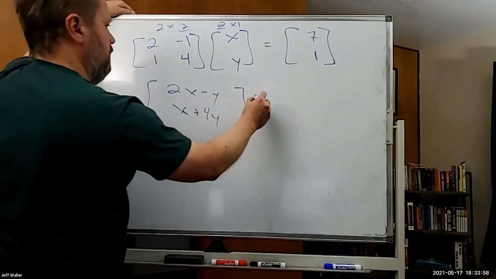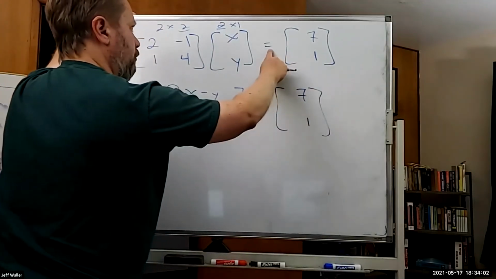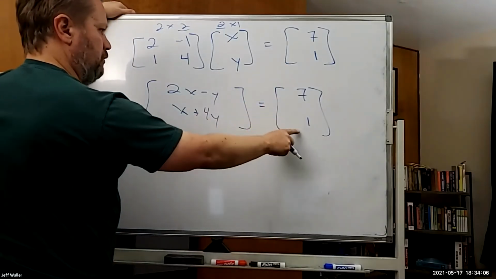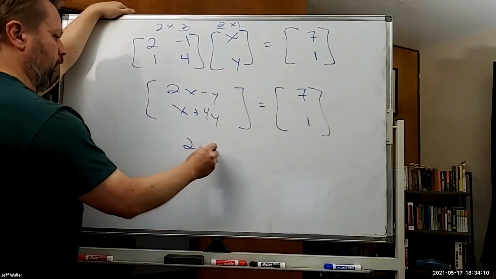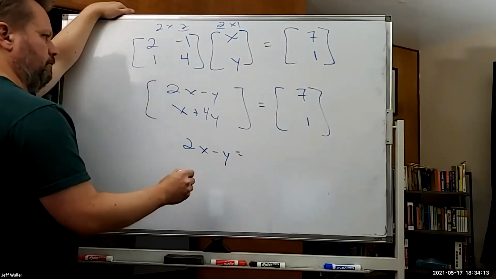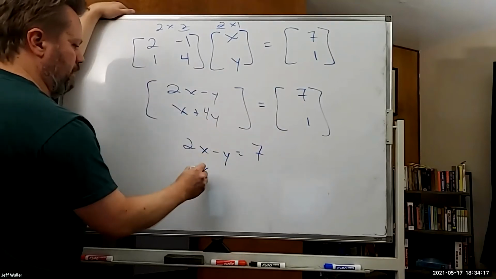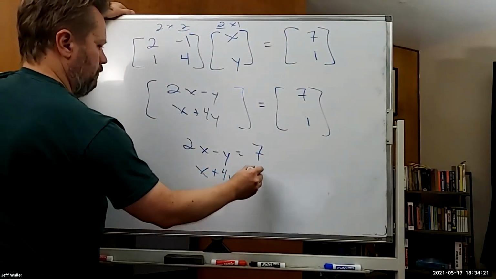Now watch this. This is the first time you've seen matrices inside of equations. What do you think has to be true if this is to be true? What does 2x minus y have to equal? 7. And what does x plus 4y have to equal? 1.